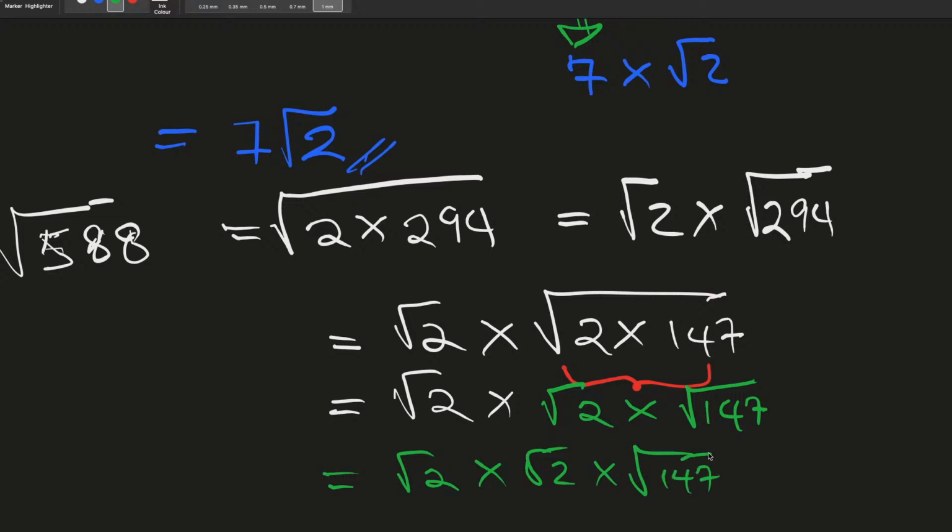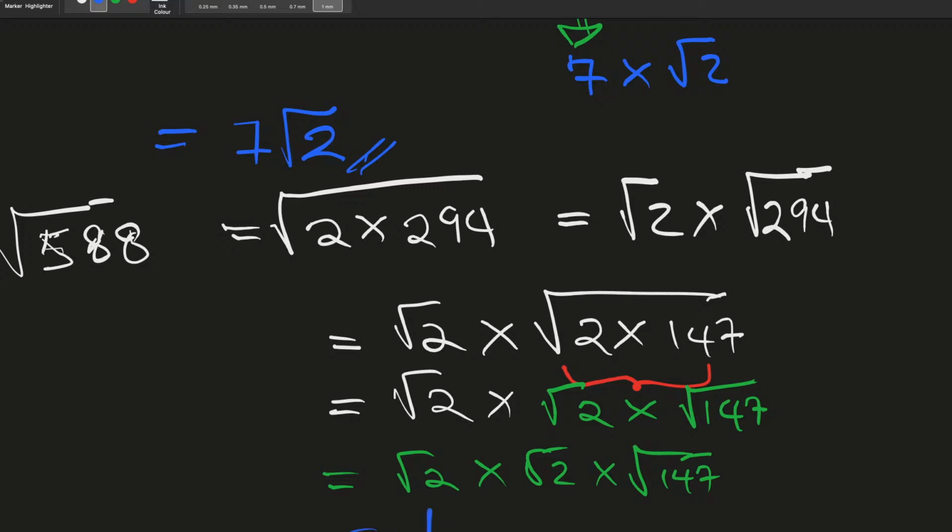So let's see if we can divide 147 by 2. That is not possible. That will give us a fraction, and our surds are not in fraction. But bear in mind that when you multiply root 2 by root 2, we will get root 4. Look at it.